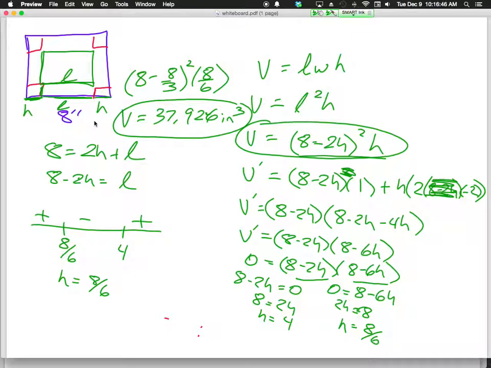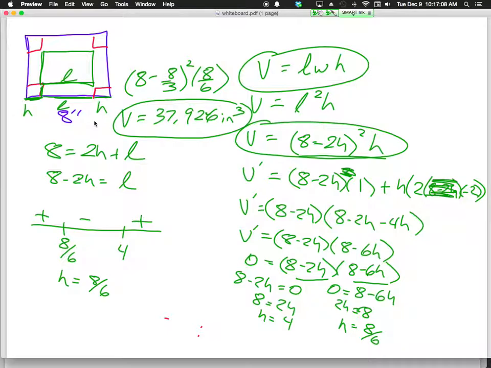So, let's go back and talk about some things because we need to identify some of these equations. What did I do to this volume equation? What did we eventually do to it? We found the derivative of it. Why do I want to find the derivative of the volume equation? So you can find the maximum. Because I wanted to find the maximum what? Volume.